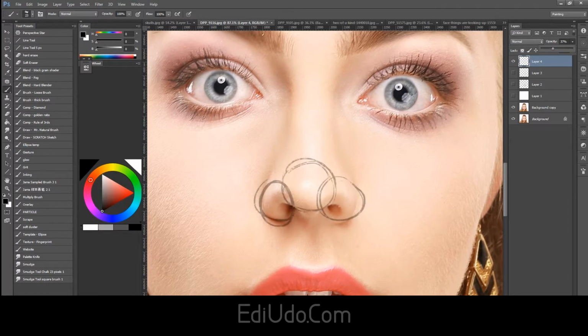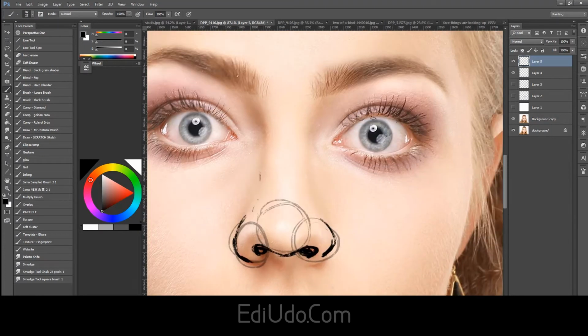Reduce the opacity, and then I connect them through, like so. And then just draw the outline like that. And this is the bridge. It connects over here. And this area is the shape.